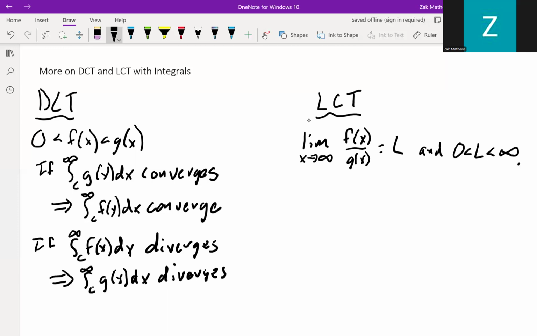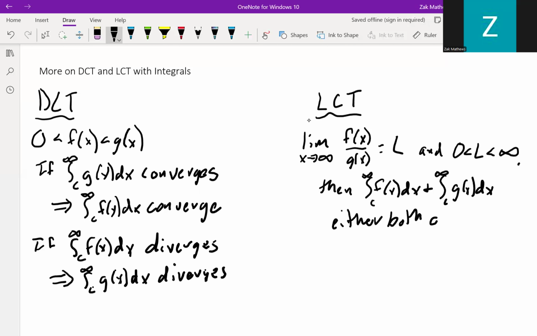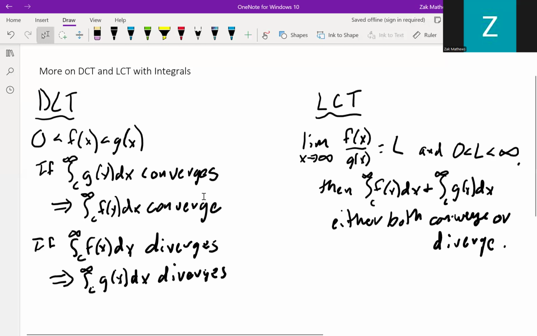Then the integral from c to infinity of f of x dx and the integral from c to infinity of g of x dx either both converge or both diverge. And once again, just like on the left-hand side, f and g have to be greater than 0. That is a requirement for both of these.